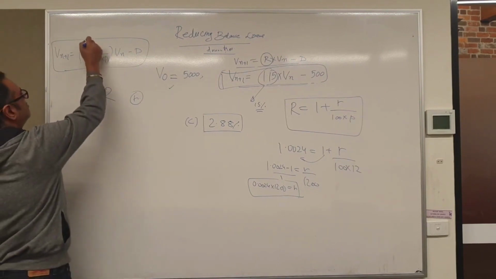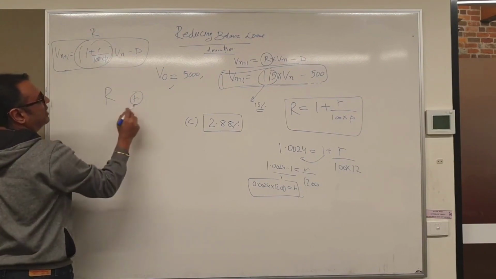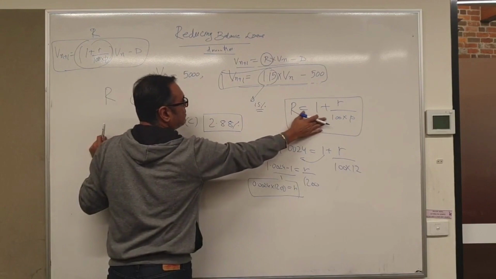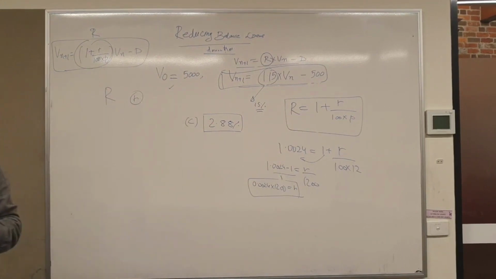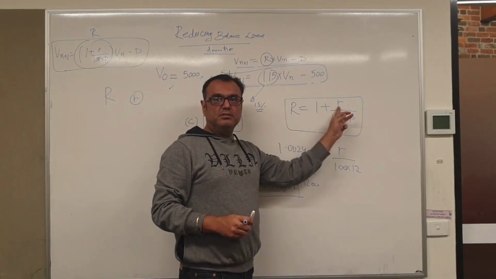So they replace this with R. So R times Vn, and R is this value. Whenever someone asks you for the rate of interest, they're talking about this.